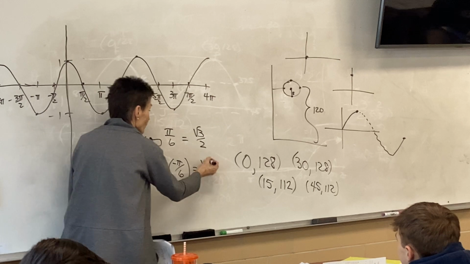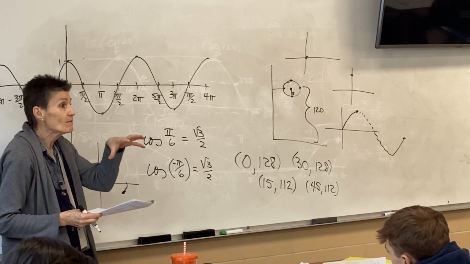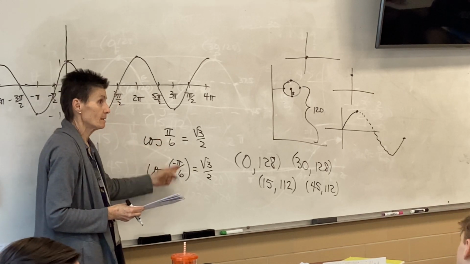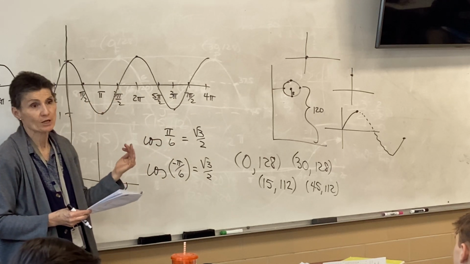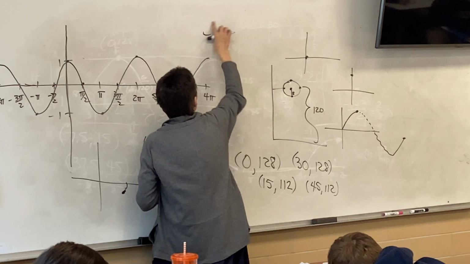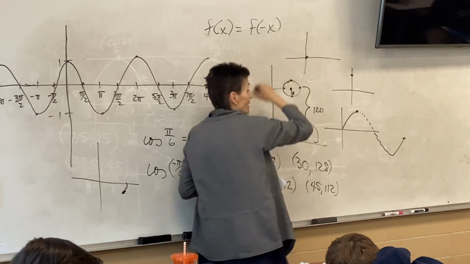Isn't that also root 3 over 2? With even functions, your input sign does not change your output sign. So with an even function, f of x will be the same as f of negative x.